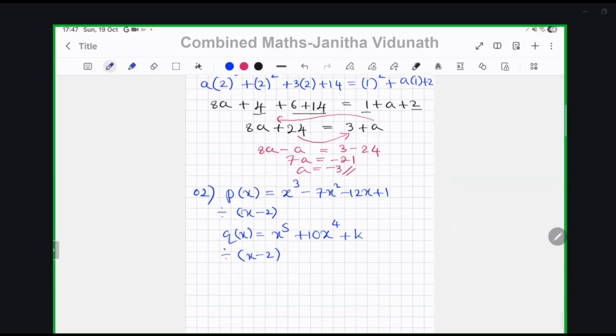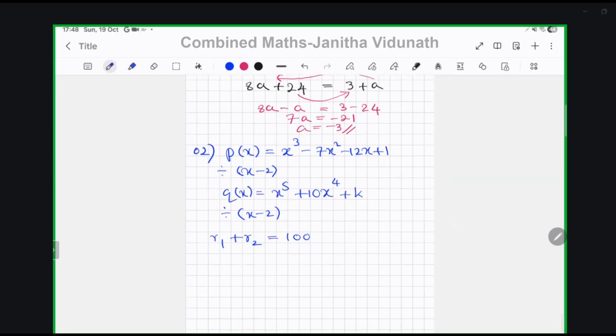They have mentioned that the summation of the two remainders is equal to 100. From px, we set the divisor equal to 0. That means x equal to 2.